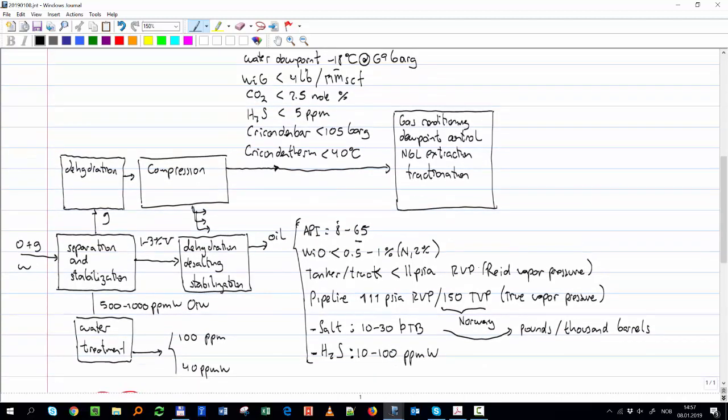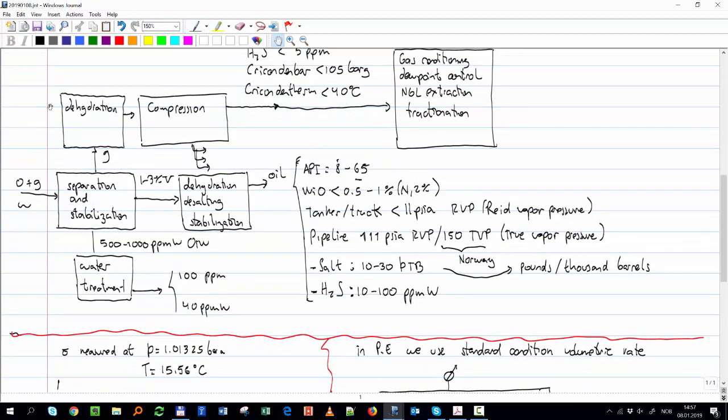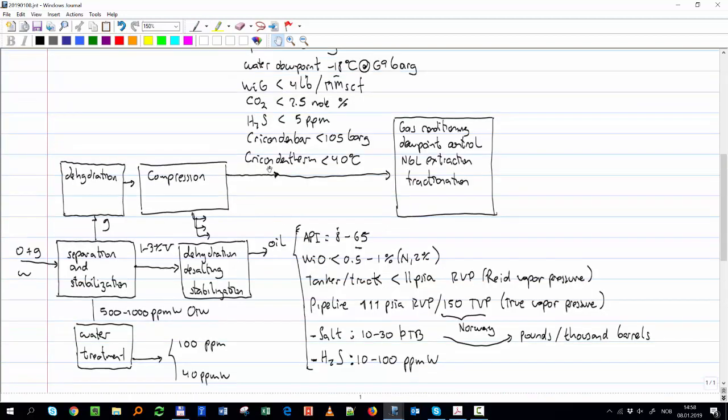Just to refresh, up to which point does this typically happen on a platform? Up to here, everything, all of these happen on the platform. From this point on, I have a pipe that takes the production of gas from the field to another plant, typically an onshore plant. They call it the Onshore Gas Plant.